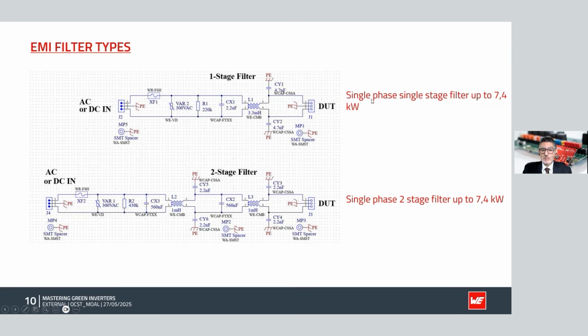The single phase side of things is really applicable for what we are looking at now at around 7.4 kilowatts maximum throughput power onto your load. You can also use a 2-stage filter where we duplicate basically the filtering across again. So that gives you a much higher insertion loss naturally, and provides you with the level of attenuation required.